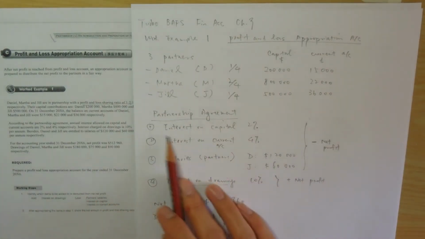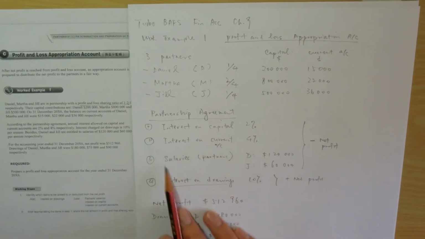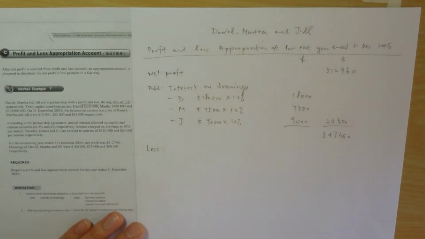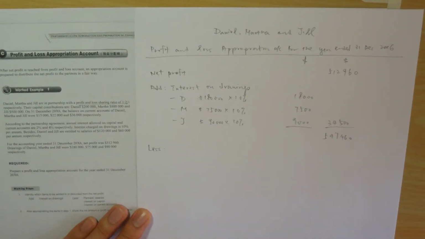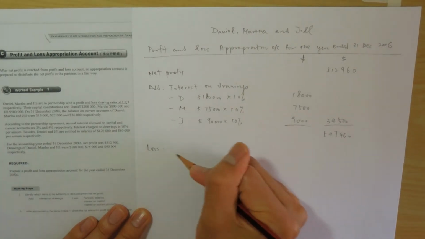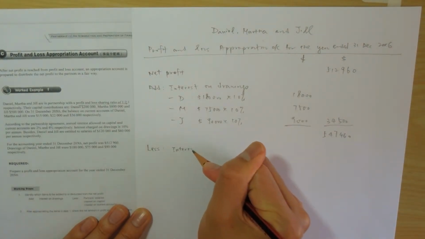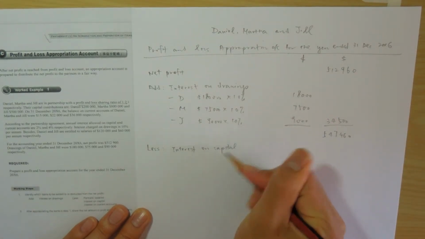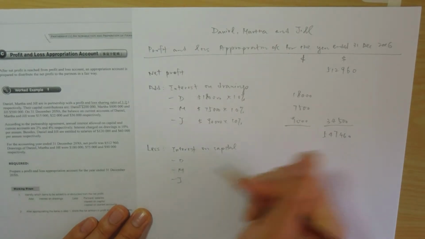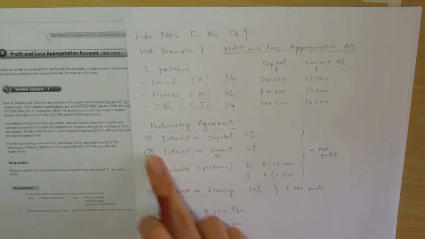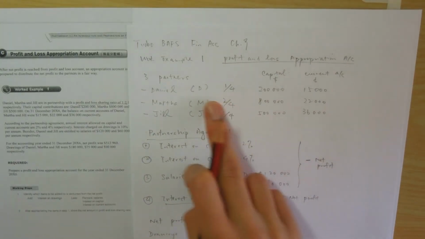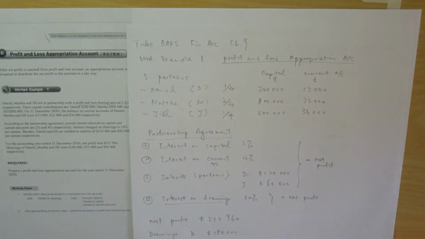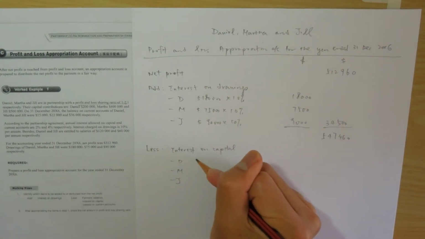The three items are interest on capital, interest on current account, and also the salaries. So we deduct these three items. Okay, we pay them one by one. The first one is interest on capital. Interest on capital is 2% per annum, and then we have Daniel, 200,000 times 2%. Martha and Jill are the same operation.